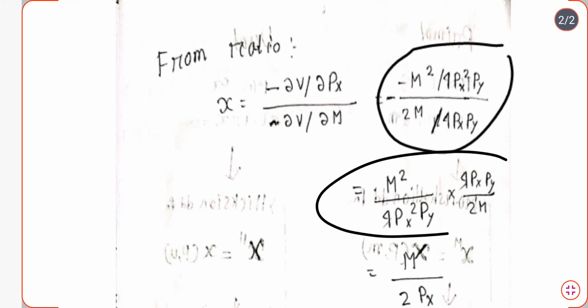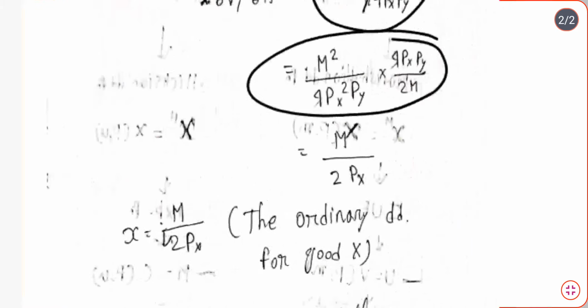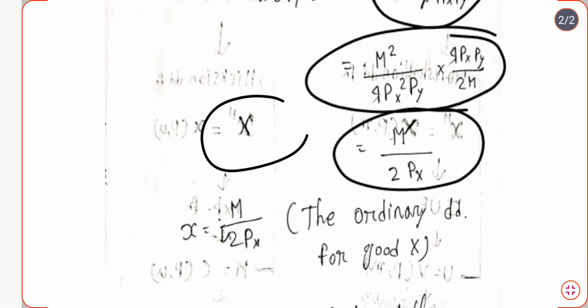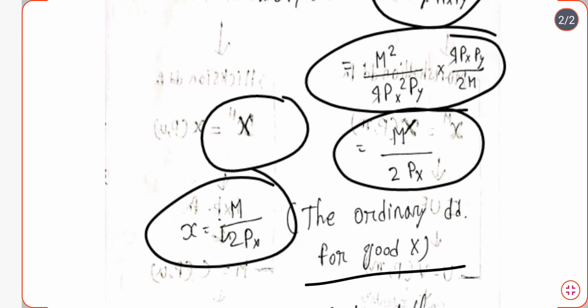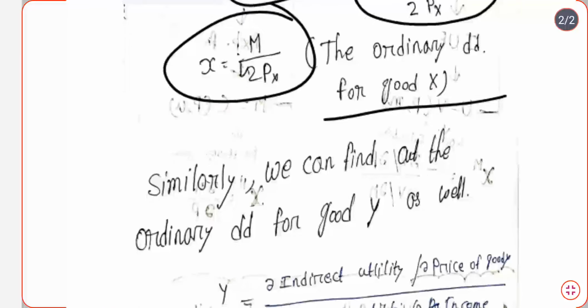After simplifying, we obtain the solution x equals m by 2px. So this is the Marshallian demand function, and this is stated and proved by Roy's identity.